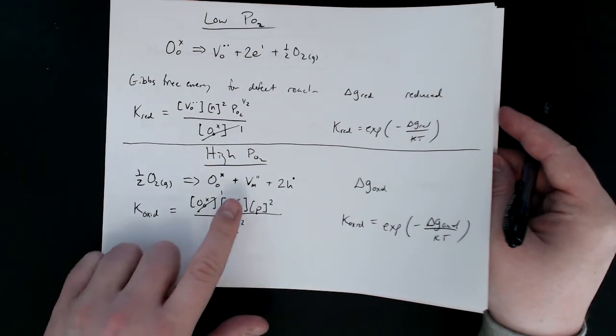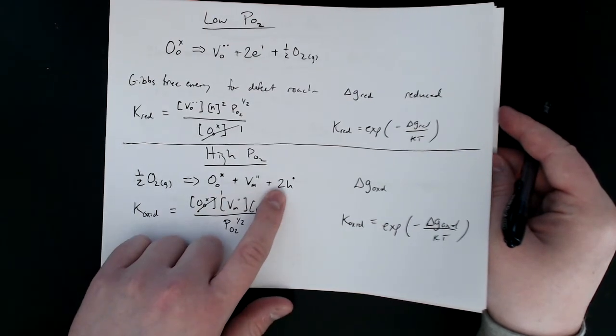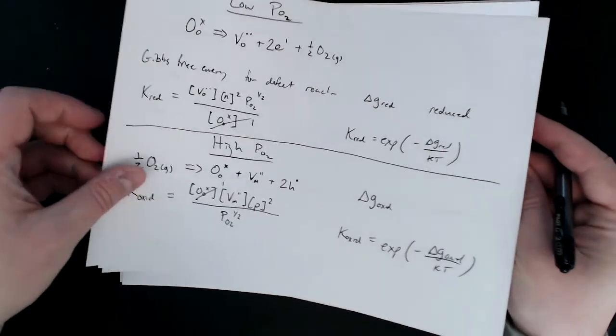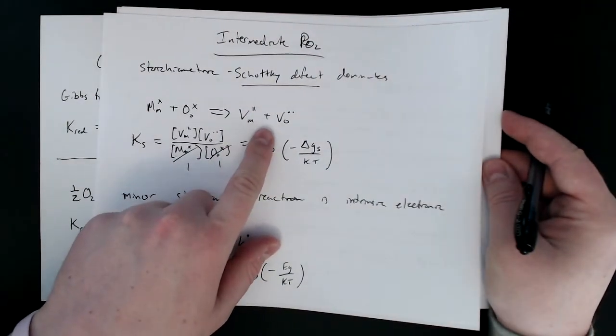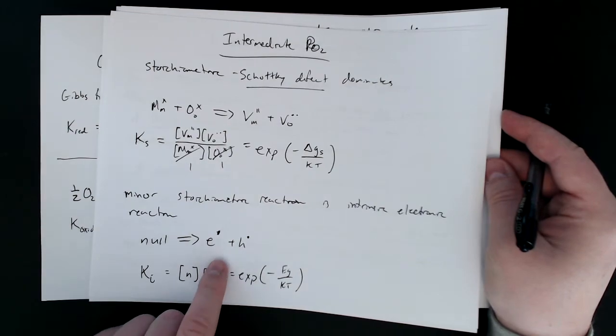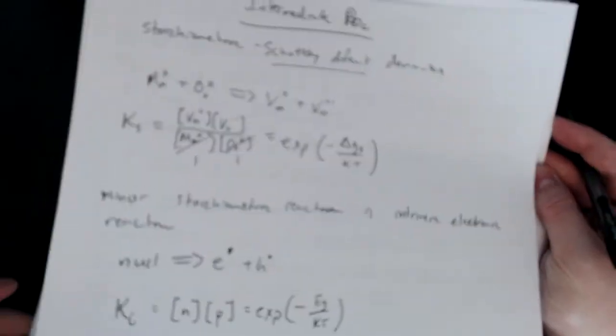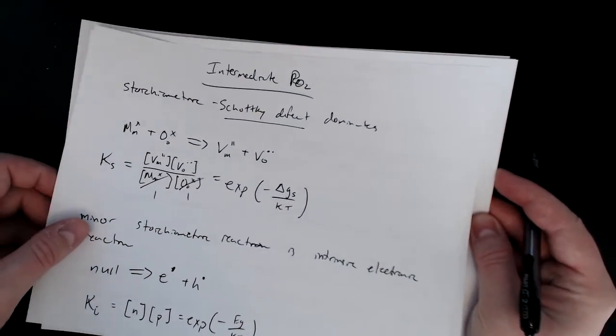For high, we had metal vacancies and holes. And then for the intermediate, we had the vacancies again, so those are just repeats. So basically, we only had 4 species total. We had all the vacancies and then electronic defects as well.